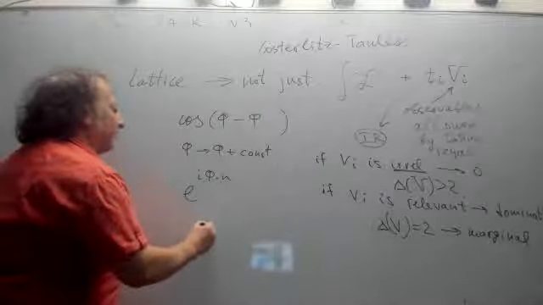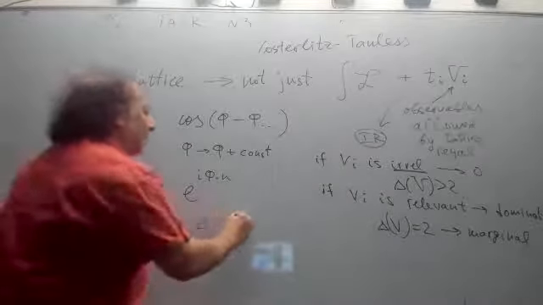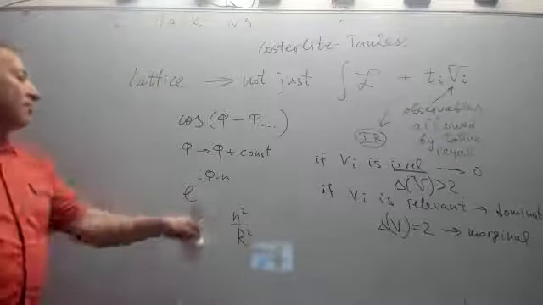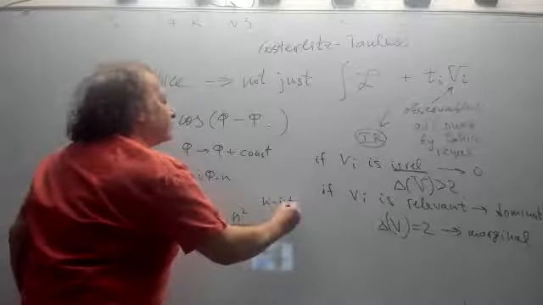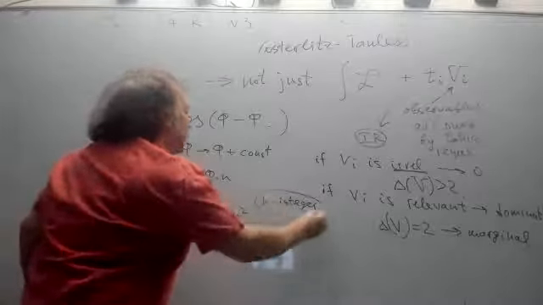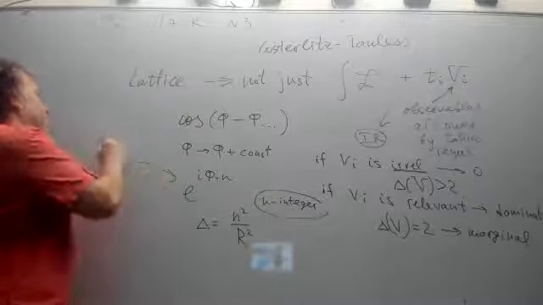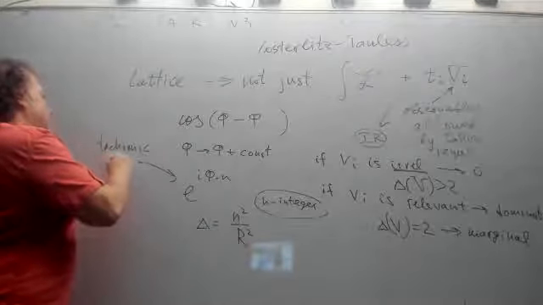These have conformal dimensions that are n squared over R squared. You need to take into account that R is in front of the Lagrangian. n is an integer. They are called momenta or tachyonic for historical reasons. Observable.